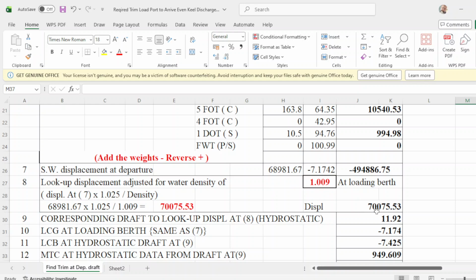That will be 007.5. This is now your dock water displacement. This is salt water. Apply your density. This should be your displacement, dock water density of 1.009. Okay, and this is the formula, guys.